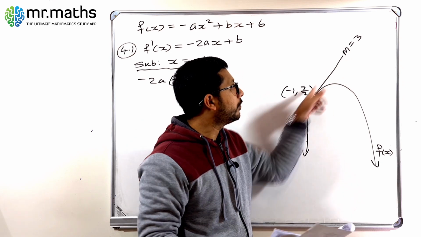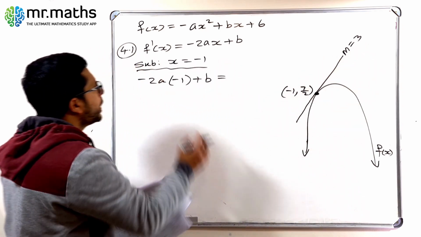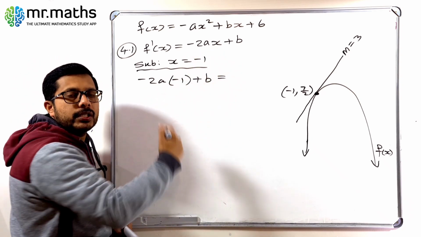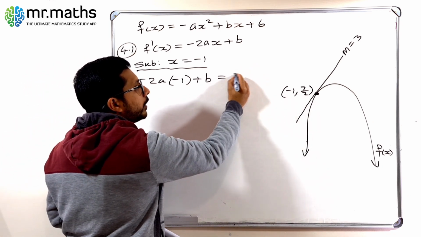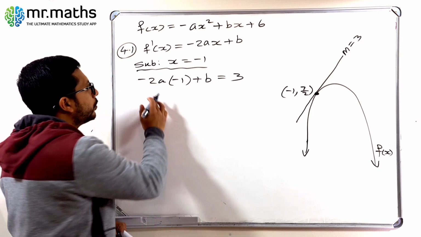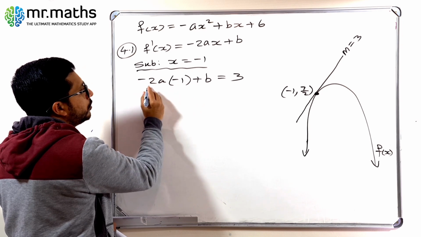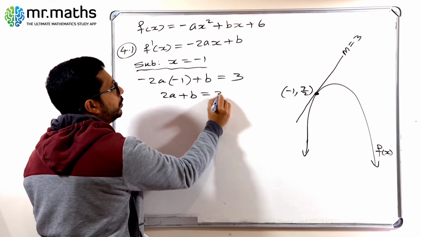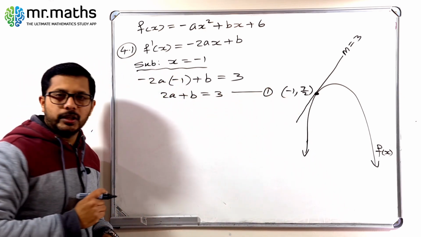So after we substitute x as minus 1 in this derivative, the answer is the gradient, which we know is 3. Minus into minus is positive, 2 into 1 is 2, so it is 2a plus b is equal to 3. So here we got equation number 1.